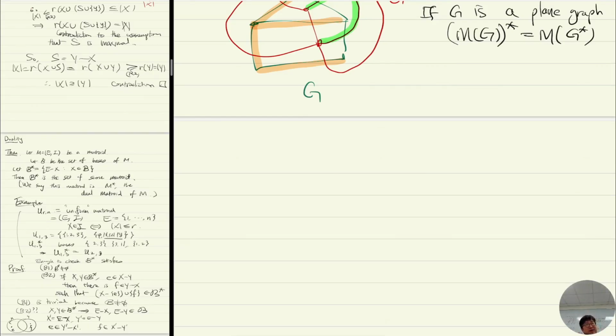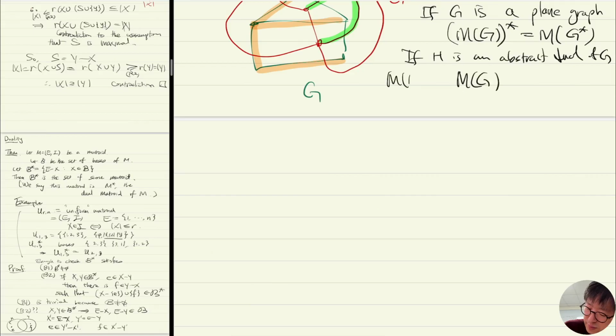So in graph theory, for a plane graph, we define the abstract dual. I mean, this is true if H is an abstract dual of G, then we can also see the following.